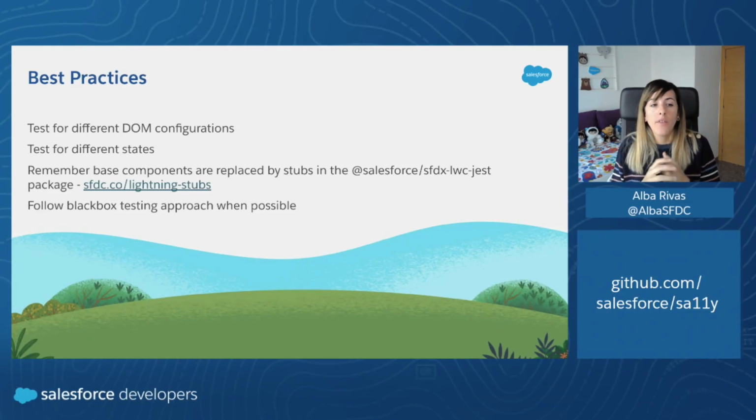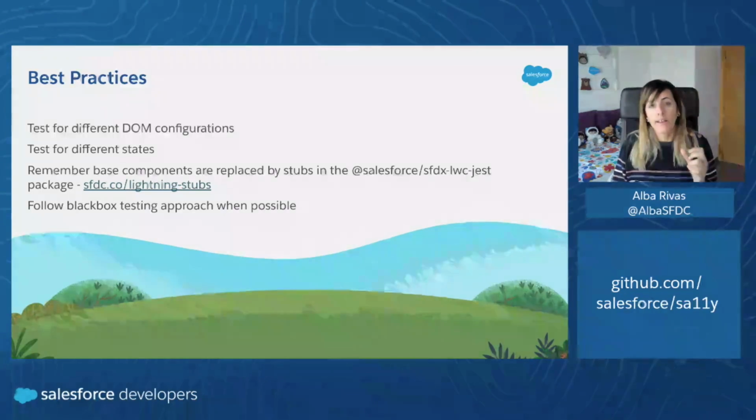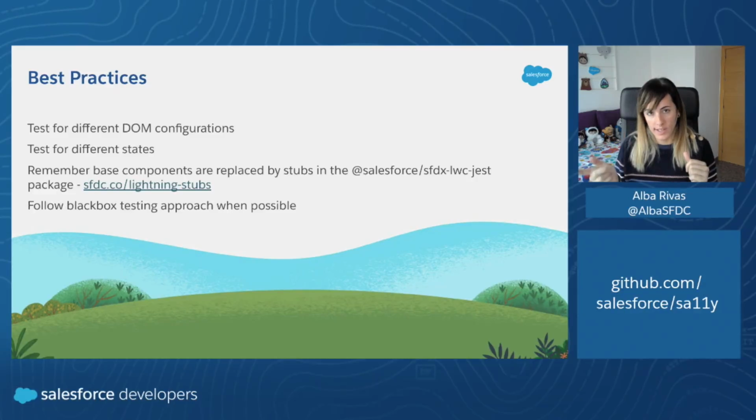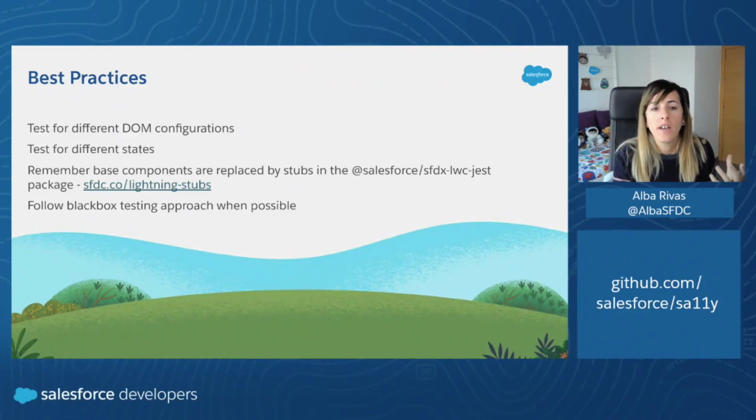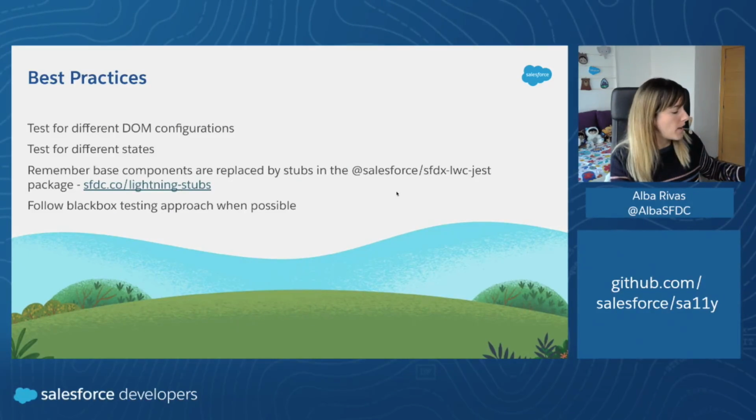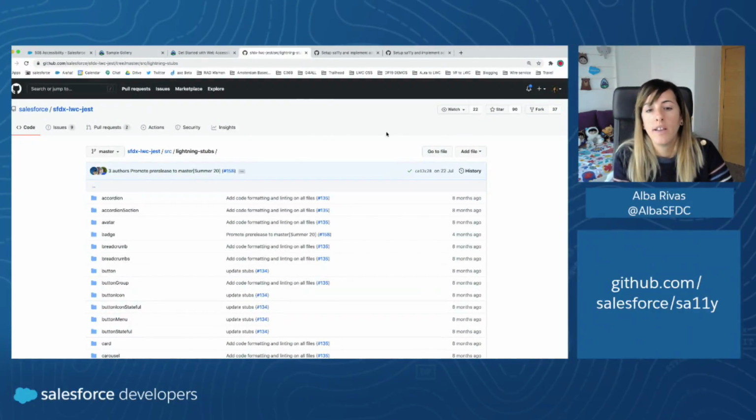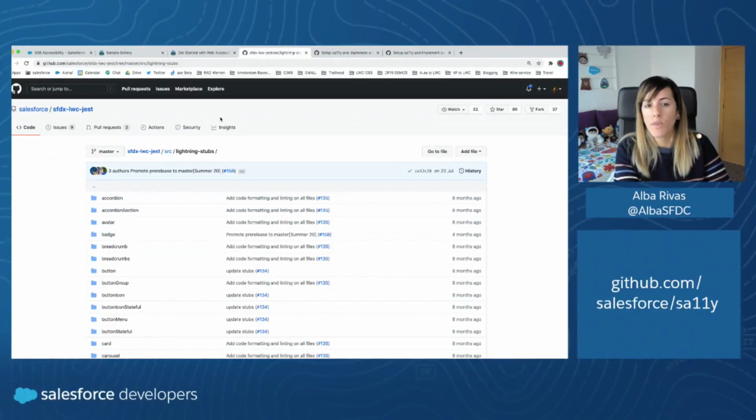I have a third recommendation, which is to remember that when using the plugin that we have for Jest tests in LWC, you are not really using the real lightning-based components implementation, but you are using some lightning stubs. I'm going to show you them in the repo. So what happens with these stubs?